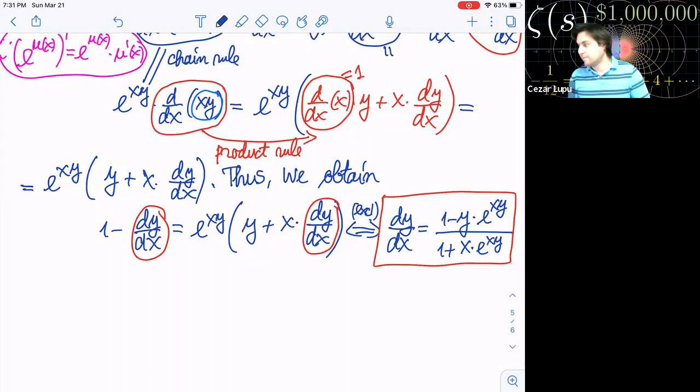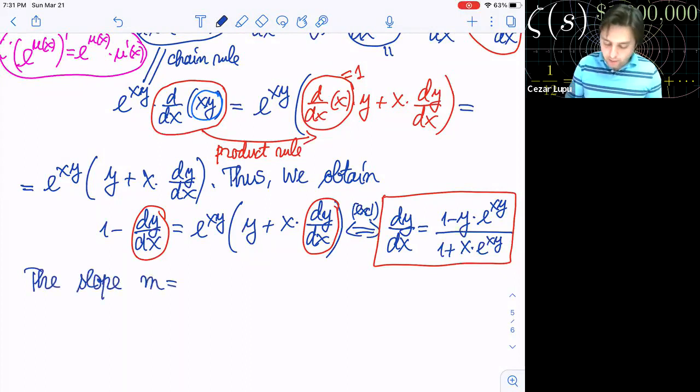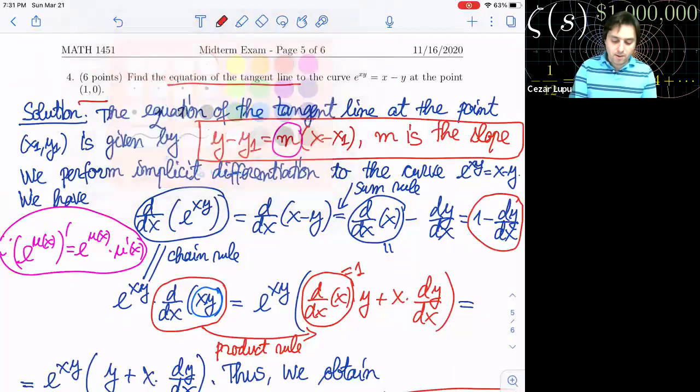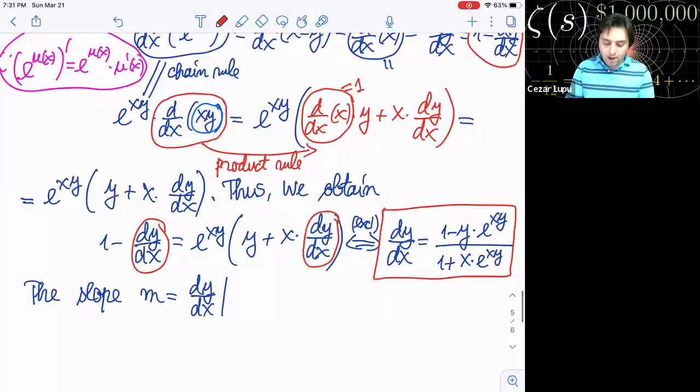The slope m equals dy over dx, evaluated at the point. Let's keep in mind what the point was. As you can see here, it was 1, 0. So we evaluate at the point 1, 0, which gives us what?